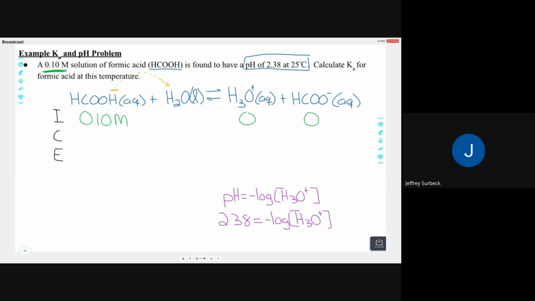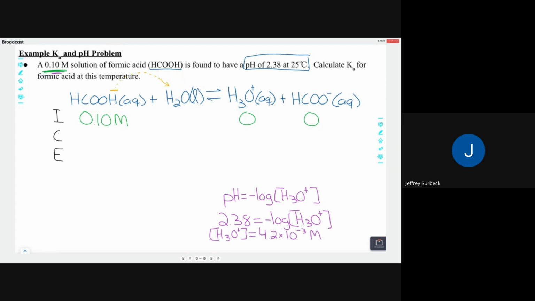I would rather use scientific notation. And I'm also only going to use our 2 sig figs because of this 0.10. And so when I do this, my concentration of H3O+ is 4.2 times 10 to the negative third. And remember, those brackets indicate, hey, concentration.